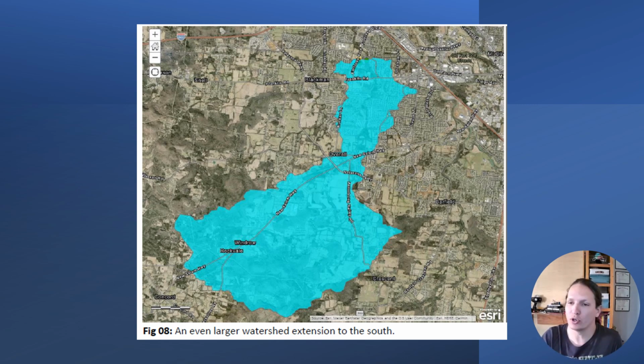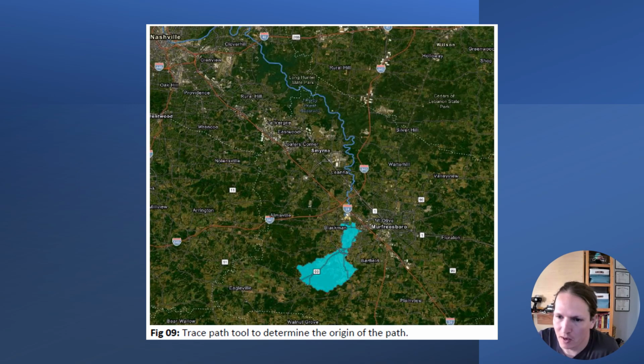All this water within this collective watershed drains down to that point source of pollution and then spreads it even further downstream. So this is using the trace path tool, once again on Arc Online, for our larger watershed as a whole. And you can still see my thumbtack, the point next to that Interstate 24 sign there.